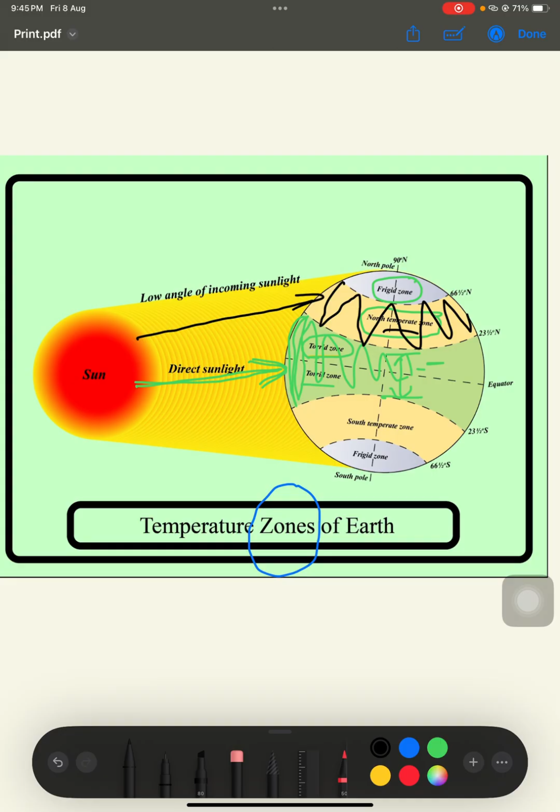And the next zone is called the frigid zone. Why is it called the frigid zone? Because the intensity of sun rays is very less here. Intensity means stronger. Stronger rays hit in the torrid zone. Less strong rays hit in this zone. That's why it's called the frigid zone. Here we are going to see the frozen area of our earth.